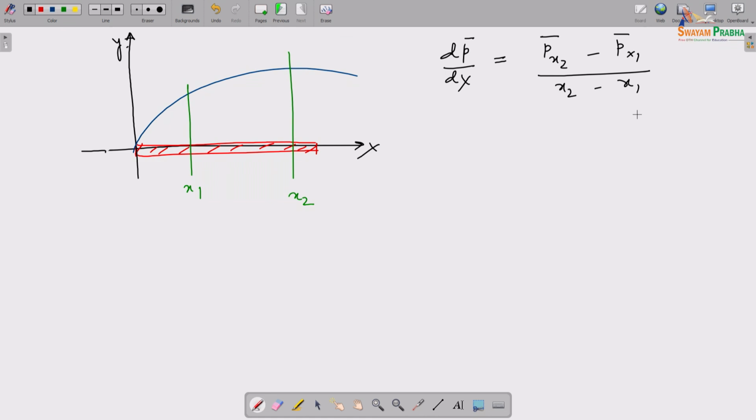So, the mean of the pressure at location x2 minus the mean of the pressure at location x1, by the distance between them, that is what it means.